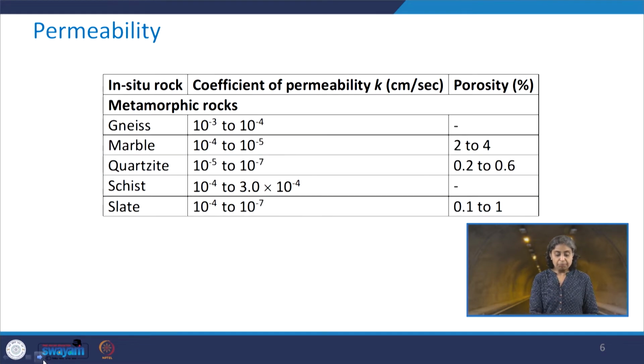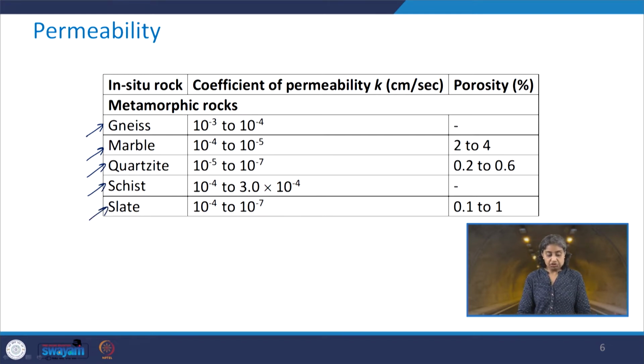The third type of rock is metamorphic rocks, and here five rocks are given which belong to this category, that is gneiss, marble, quartzite, schist and slate.